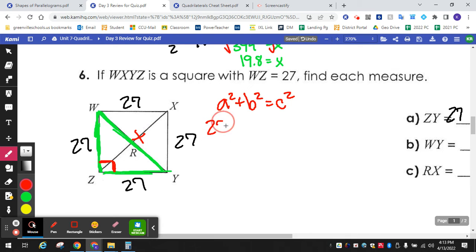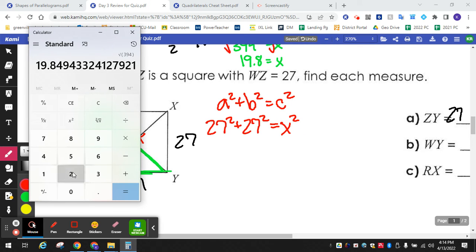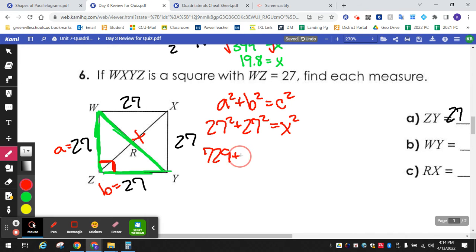So 27 squared plus 27 squared. So I'm going to let this be a, this be b, and we're looking for c. You can write c squared or x squared, just a letter squared. That's what we're solving for. 27 squared is 729. So they're both 729, plus 729 is x squared. 729 and 729 give me 1458.